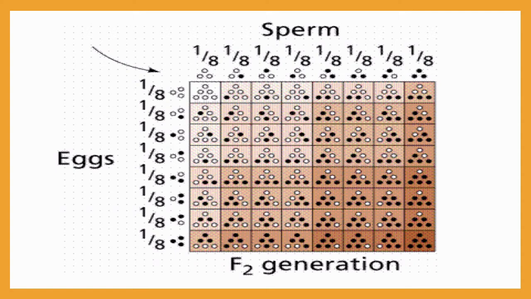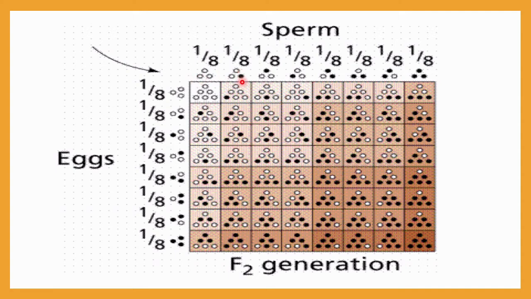So now let me try to understand this by using Punnett square analysis. Here you can see the sperm possibilities, and here you can see the egg possibilities. Here you can see a white color spot and a dark black color spot. You have to assume that the light color indicates recessive alleles, small a, b and c.